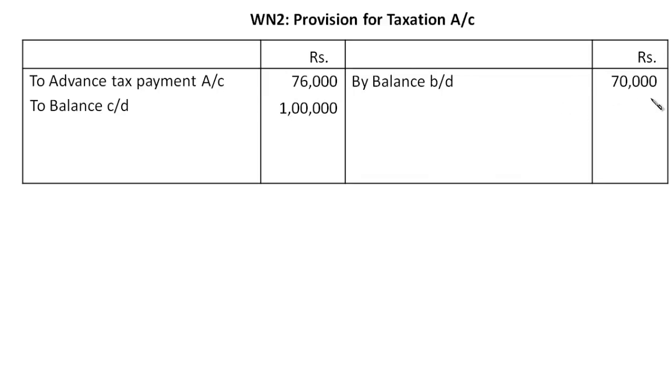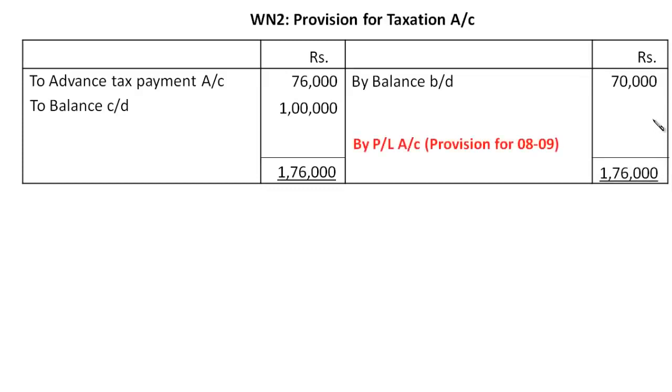Apart from that, you should also make a fresh provision for the current year, which should be equivalent to 1 lakh. So we'll do that here. You have a total of 1,76,000, whereas here it is only 70,000. So this gap of 1,06,000 would be used for first booking the provision for the year, which is 1 lakh, and the additional provision for 2007-8, which was missed out because 76,000 was the tax payment.